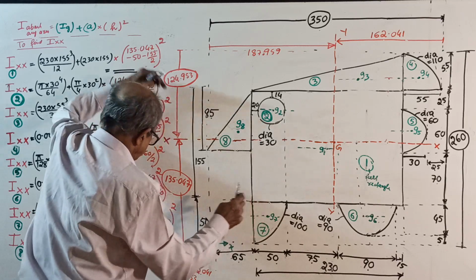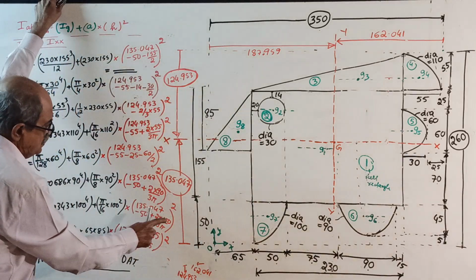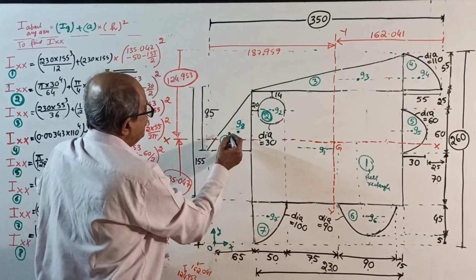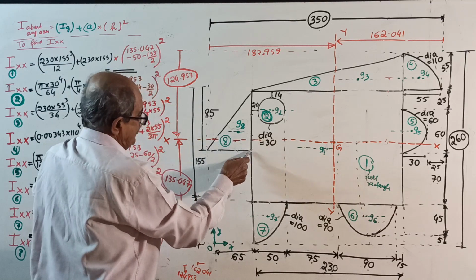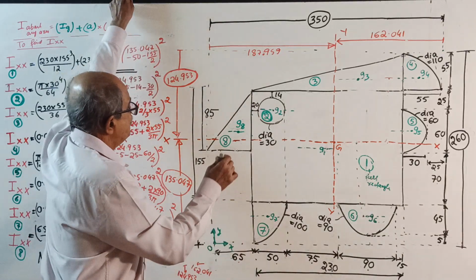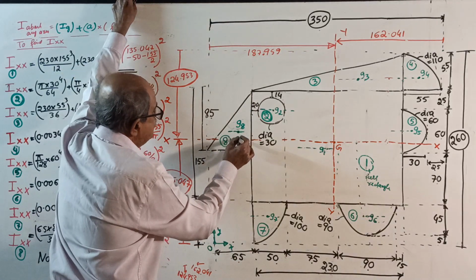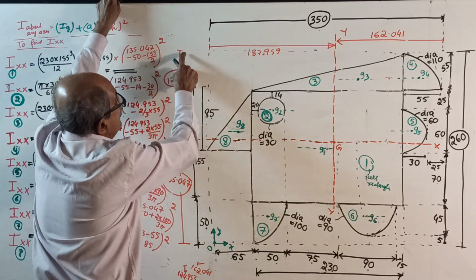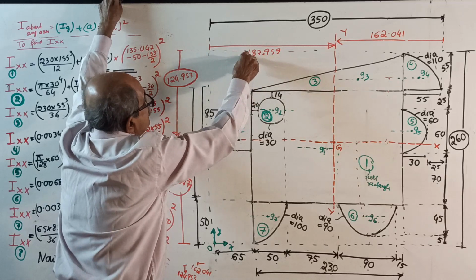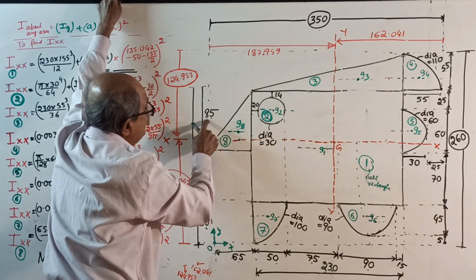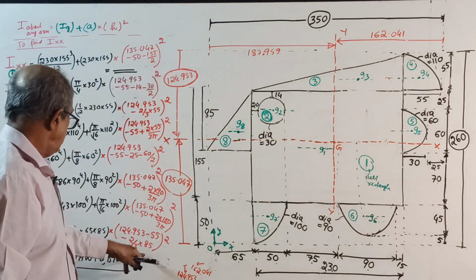Add 2d by 3π, whole square. Eighth one, this is very simple. I about its own axis: 65 into 85 cubed by 36 plus area into this distance squared, which is 124.953 minus 55, then minus 2/3 of 85, whole square.